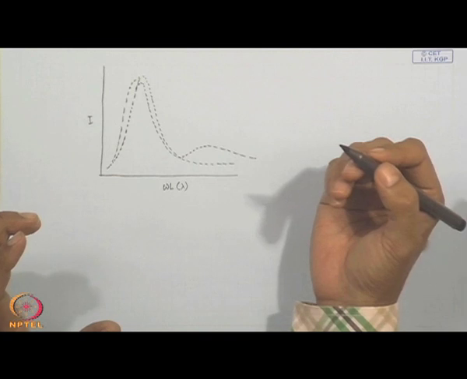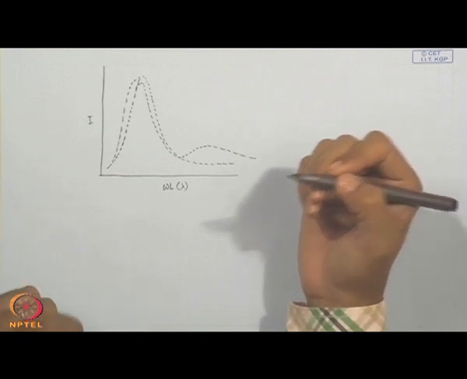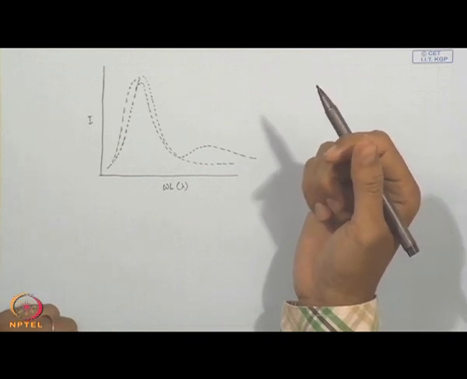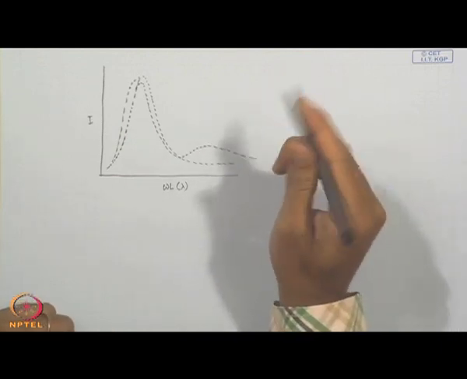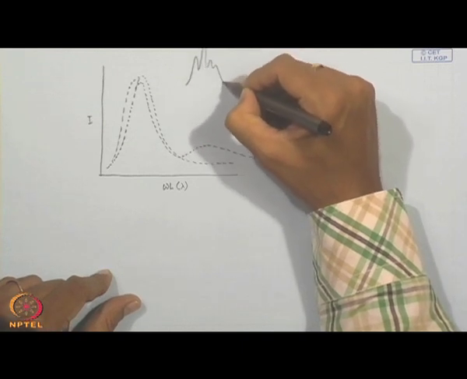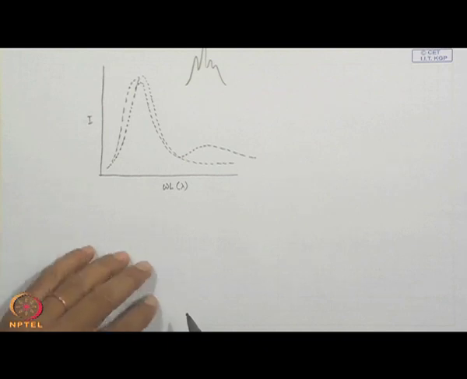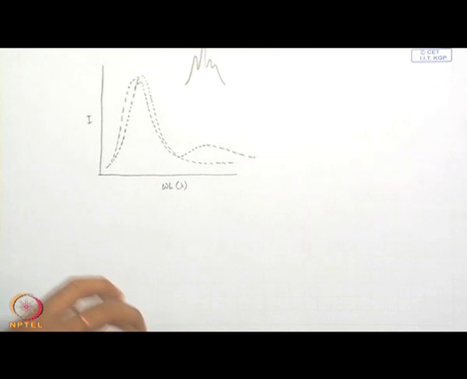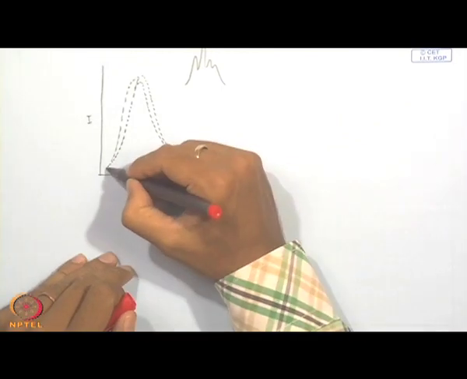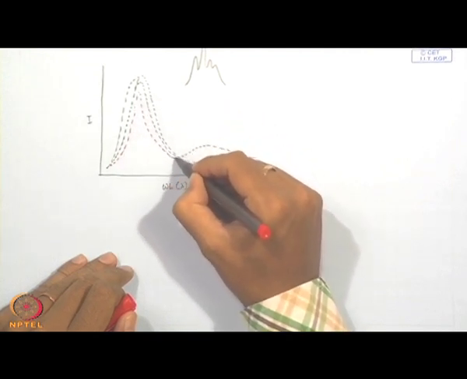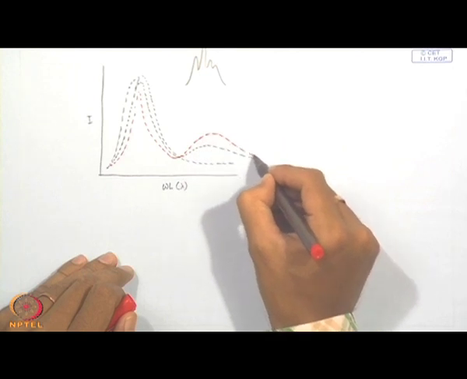And if you have a polycyclic aromatic compound, like more than one benzene ring, in that case you can expect to have vibrational structure like this in the emission spectra. Okay. So, what is happening is that you go on adding more and more quencher, and this is decreasing and you have an increasing pattern.